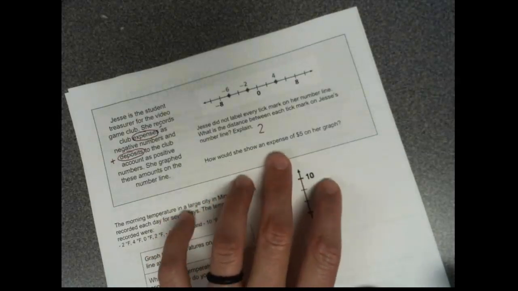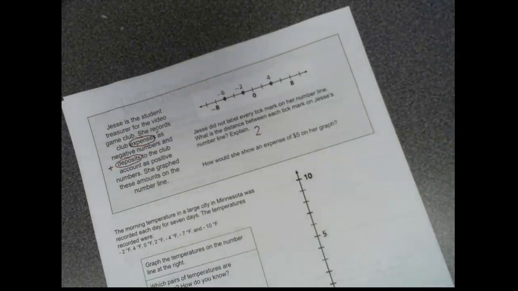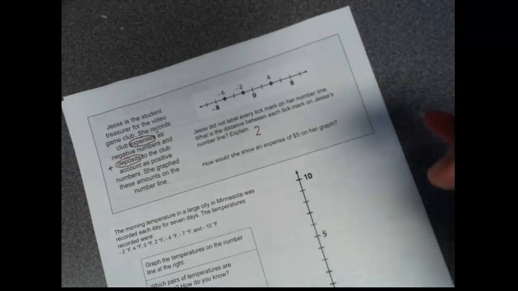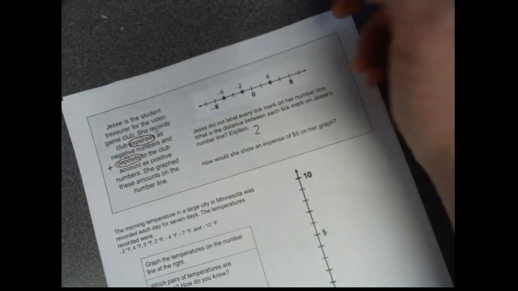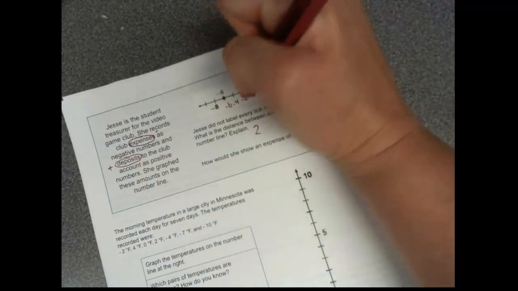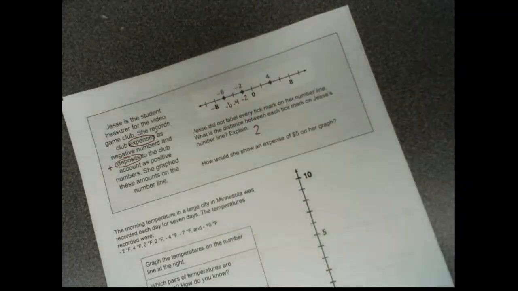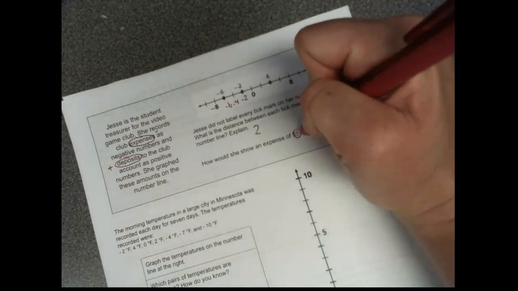How would she show an expense of 5 on her graph? If it's an expense, I'm taking money out of the account. So that is negative. I take it out. I'm subtracting that amount of money. But if we're counting by twos, this would be 2, 4, 6, but they'll be negatives. And the reason we're on the negative side is because we're taking the money out. On the right-hand side, that would be putting that money in. We need to show -5.